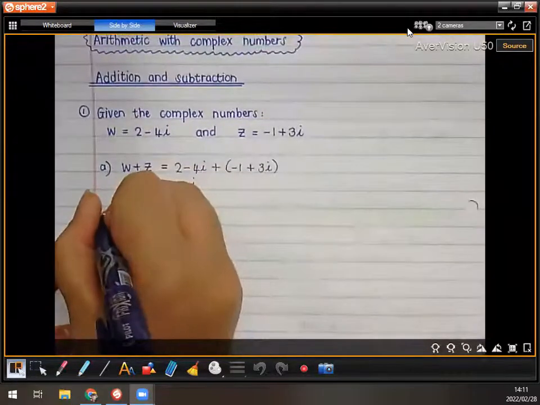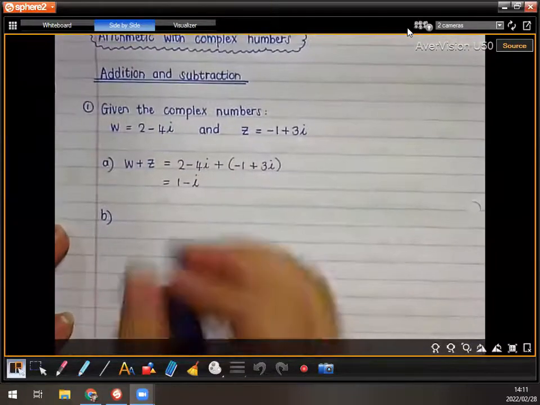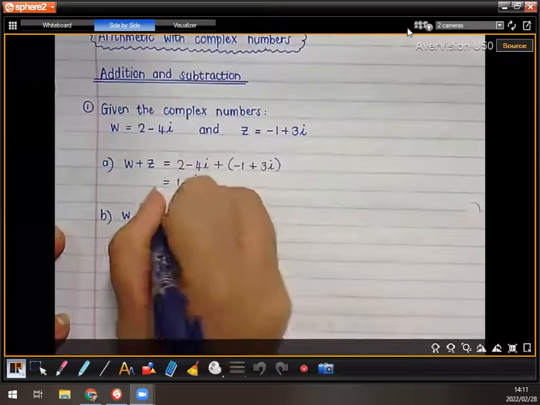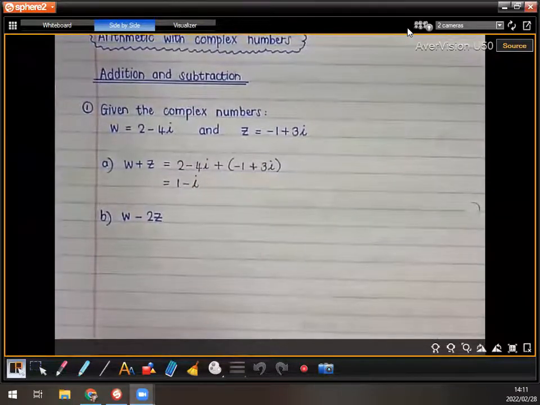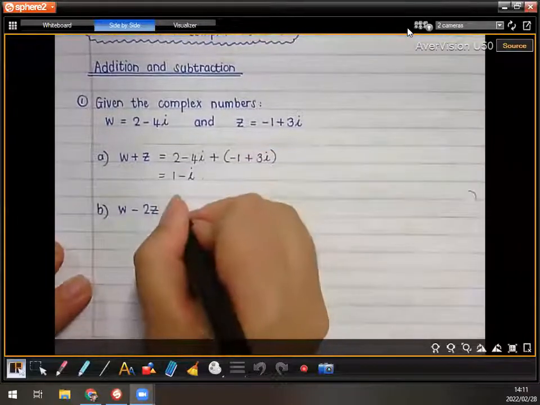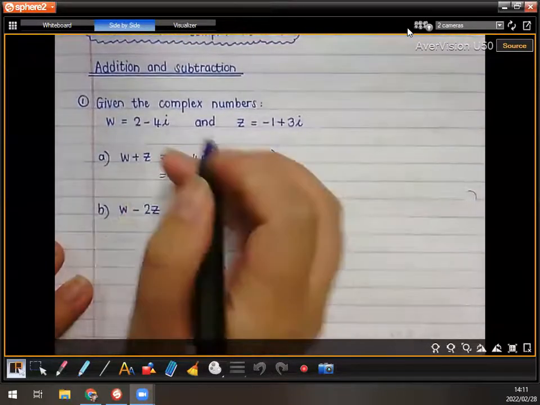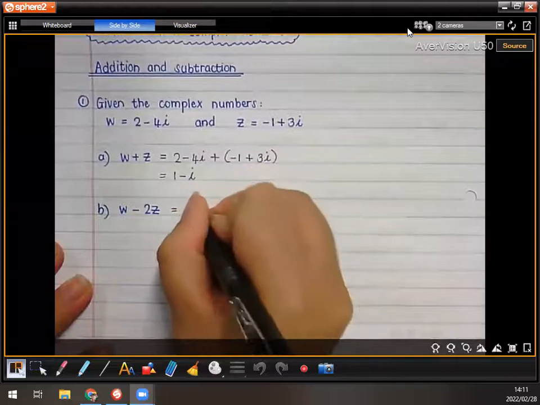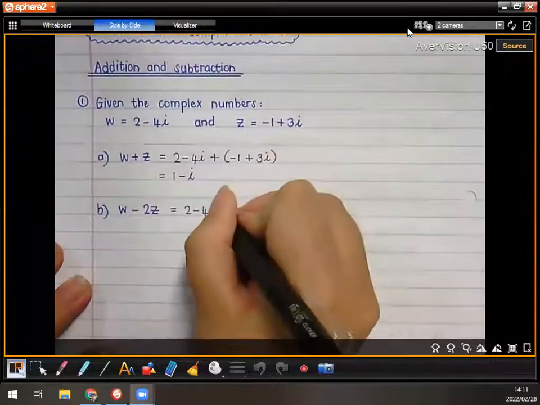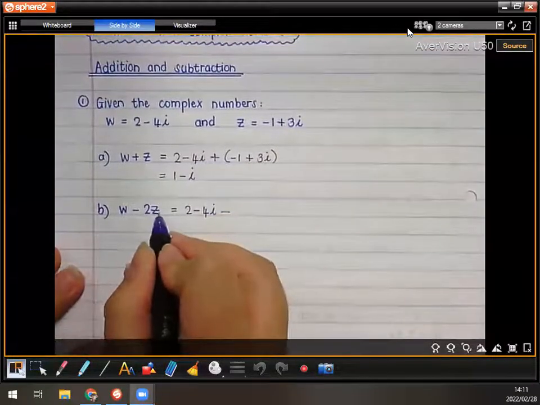They can make it slightly more complicated by doing something like this. We need to find w minus 2z. It's a little bit more complicated, but it's also not that bad. So now w is the complex number 2 minus 4i, and we are subtracting 2 times z.